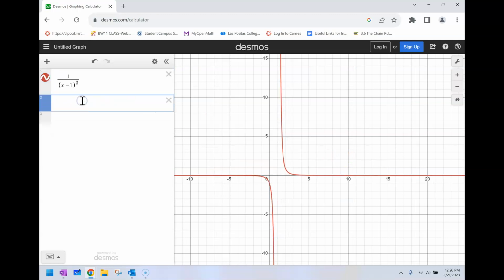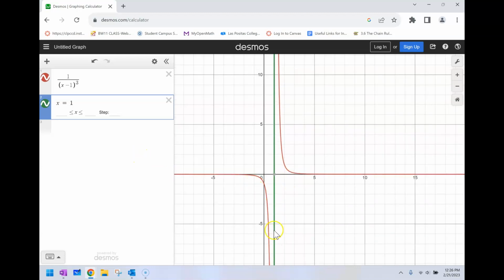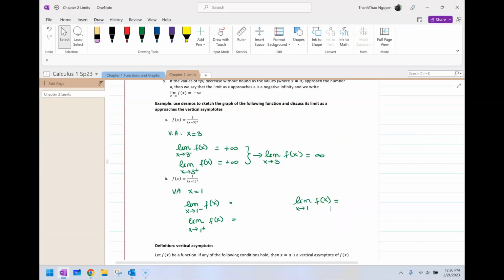And let's go ahead and put in our vertical asymptote. As you can see here, as x approaches 1 from the left, the function approaches negative infinity, and for the other one, it approaches positive infinity. So then the limit does not exist at the vertical asymptote.